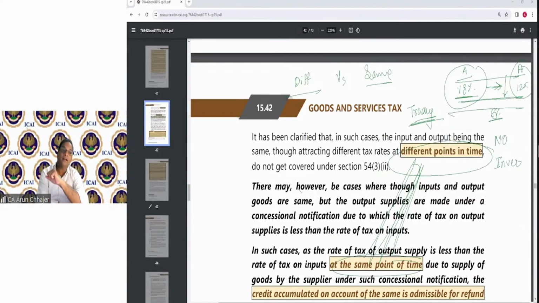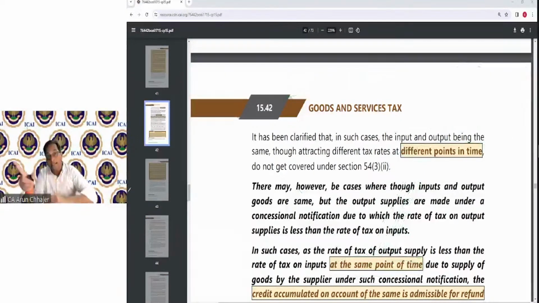यहां पर क्या था, डिफरेंट टैक्स रेट एट डिफरेंट पॉइंट ऑफ टाइम. इसका मतलब क्या कर रहा है, ये परचेज कभी और कर रहा है और सेल बाद में कर रहा है और उसमें उसका टैक्स रेट रिड्यूस हो गया सेल पर. It means if the tax rate has been reduced, no refund of ITC because of inversion.